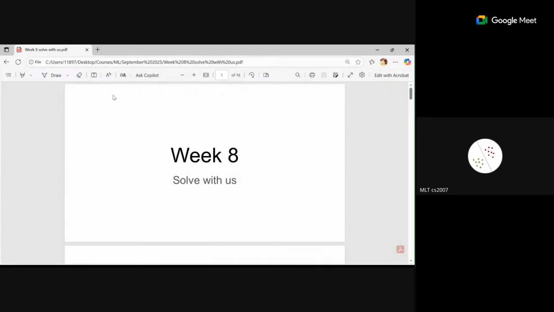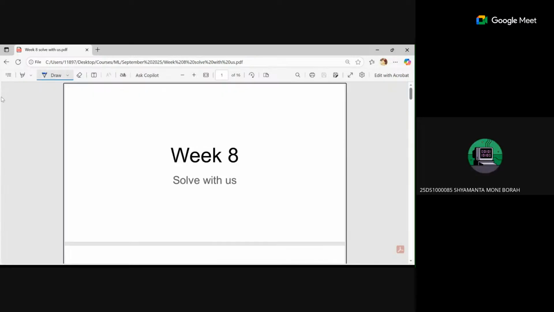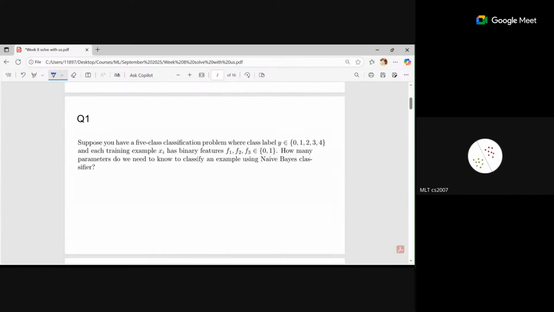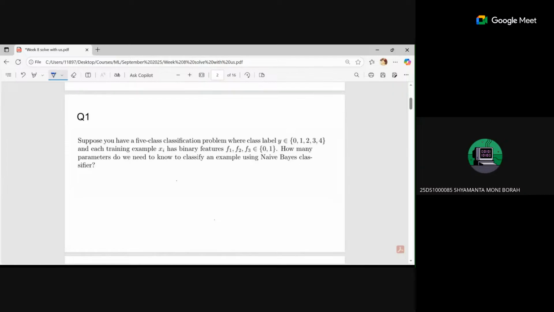Hold on, my screen got stuck here. So in this one, ma'am, we'll have to consider class conditional independence only, right? Yeah, if we are saying naive Bayes classifier and we know it assumes class conditional independence. It should be, I think, 5D plus 1, right? Yeah, let's see. So we have 16 should be the answer, probably.